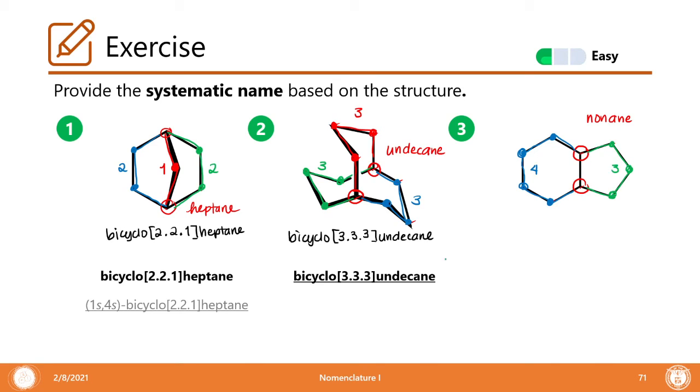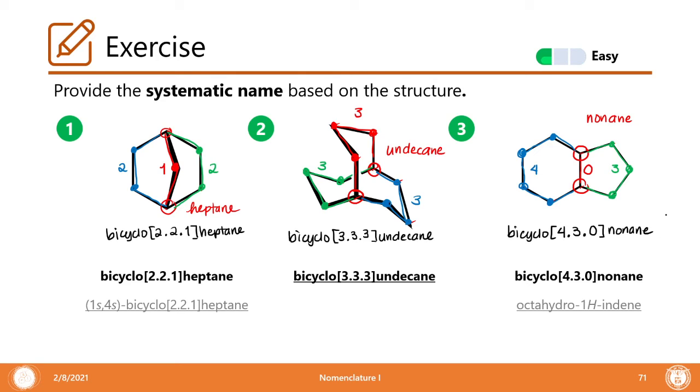So I have 3 here. And what about this middle one? There are no carbons. So let's write 0. Now we write the name bicyclo, square brackets, largest number first, 4, followed by 3, followed by 0, nonane. Bicyclo[4.3.0]nonane. There you go.